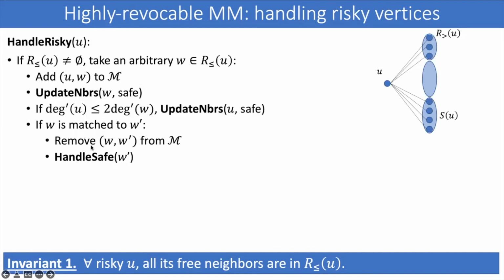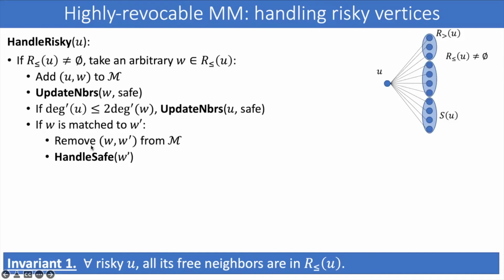It remains to show how to handle a risky vertex, which is perhaps the most interesting part of the update algorithm. Due to invariant 1, we know that all its free neighbors, if it has any, have no greater estimated degree. If the set of these vertices is empty, we leave U unmatched.